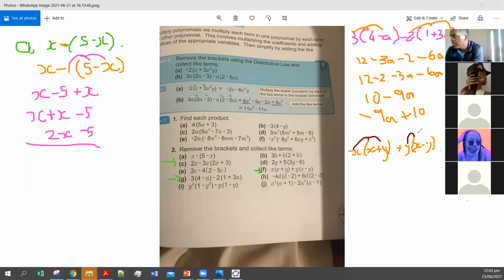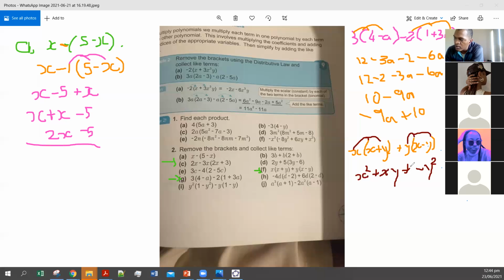The y will multiply everything inside the bracket. So the first answer will be x squared. x times x is x squared, plus x times y is xy. Then we have plus y times y is y squared. It's a positive y. Sorry about that. It's a positive y times a negative y, so instead of plus, it will be minus y squared.